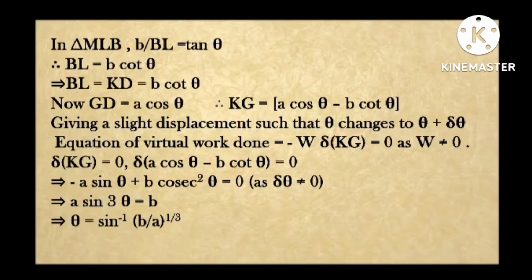So this implies a sin theta plus b cosec square theta equals 0, as delta theta cannot be equal to 0. So this implies a sin cube theta equals b. So this implies theta equals sine inverse of (b by a) to the power 1 by 3.